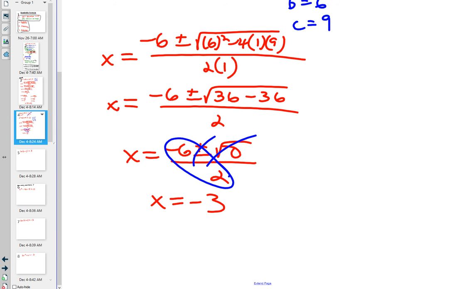What would have happened if I would have gotten a negative discriminant? Not only would it be no solution, I could actually stop right here after this step. If I would have ended up getting like a -8, I could just stop and write no solution. Don't say I didn't tell you. One more.